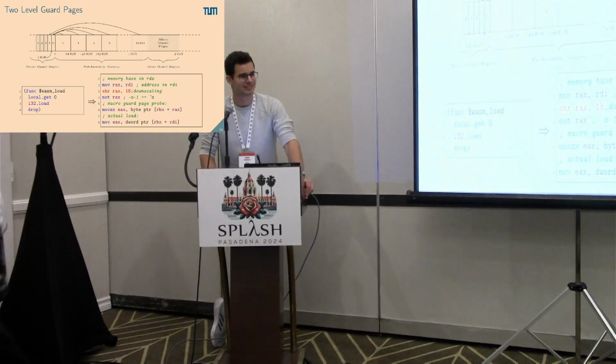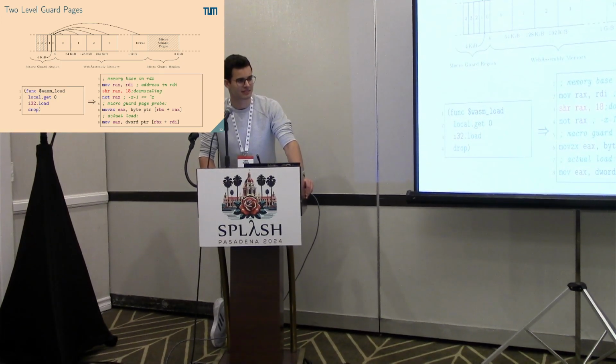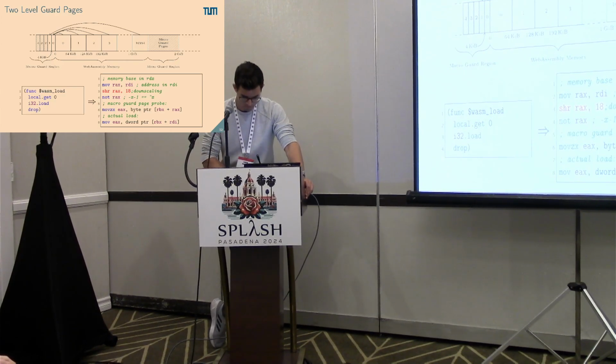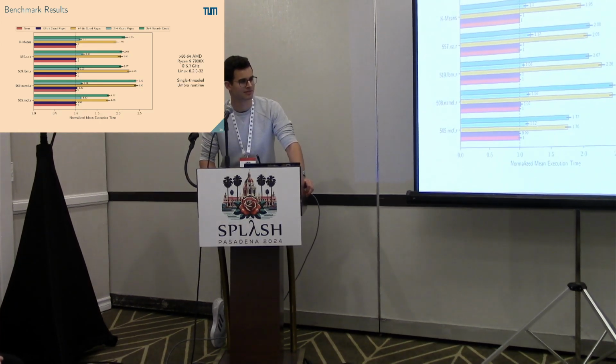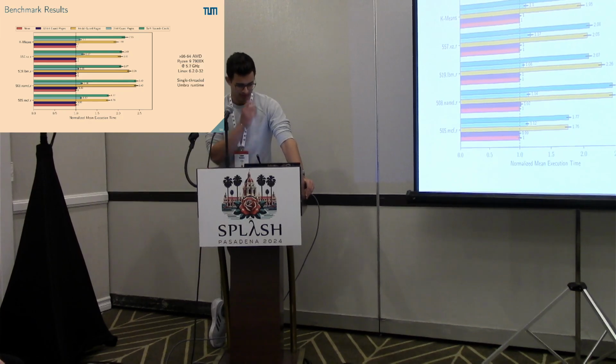I'm surprised at the results. I was wondering why the 2-level guard page is much faster than the 64-bit guard pages. The 2-level guard pages access memory twice, while the 64-bit guard page accesses memory once but performs the branch instruction.